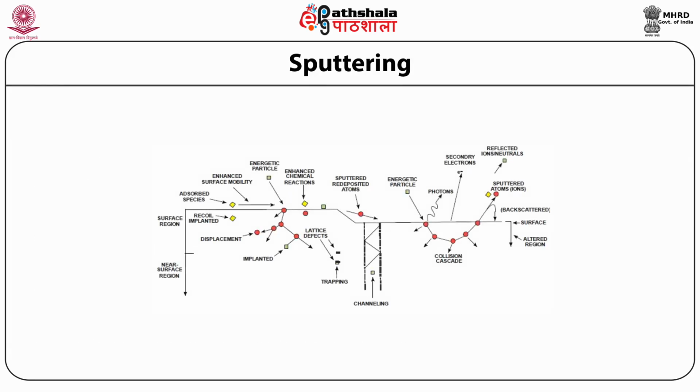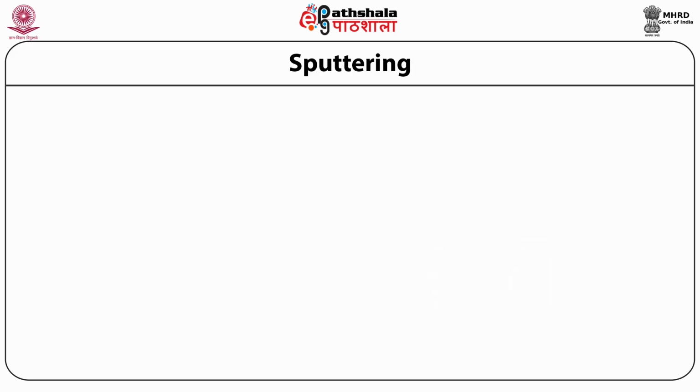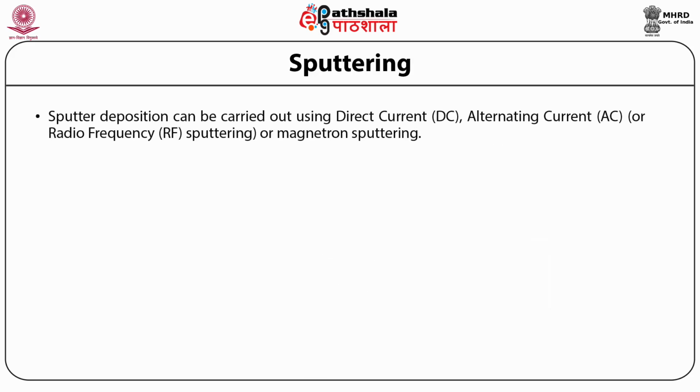The figure given here shows the schematic picture of the possibilities of the phenomena occurring inside the sputtering chamber. Sputtering deposition can be carried out using direct current, that is DC, alternating current or AC, or radio frequency, that is RF, or magnetron sputtering.